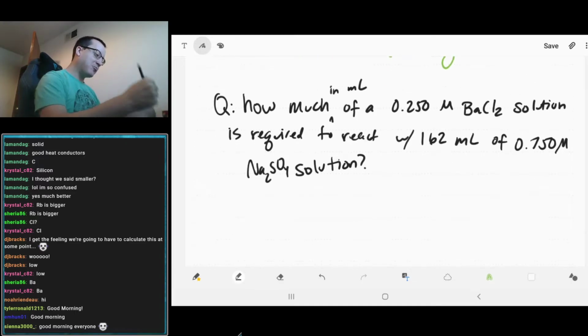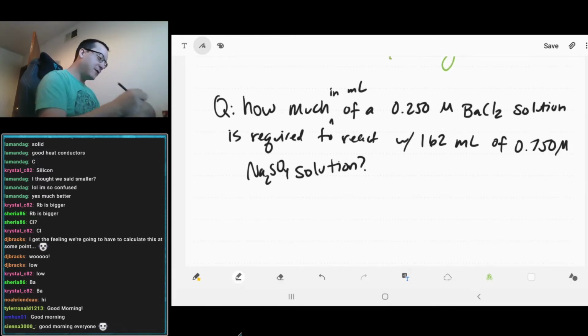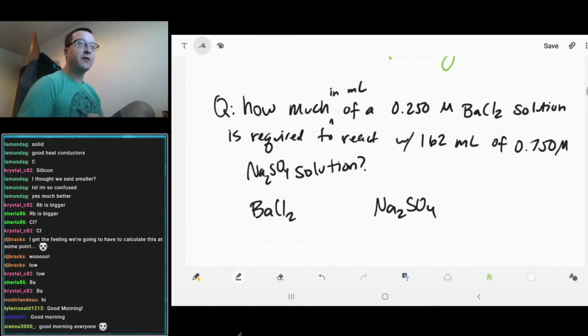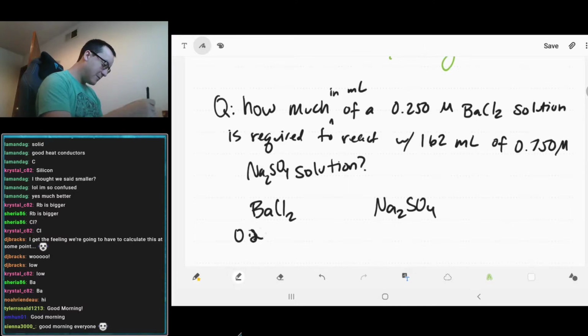So looking at this problem, we have two substances, right? We have barium chloride and sodium sulfate. Well, hopefully that's not crazy. You can see those two are the substances we're looking for. And we know that we have... Is there any way I can salvage this? No.